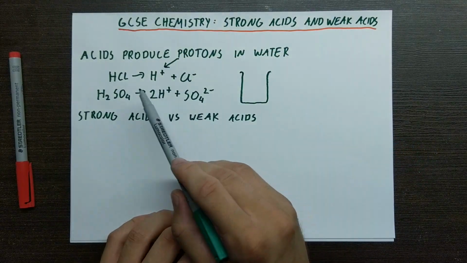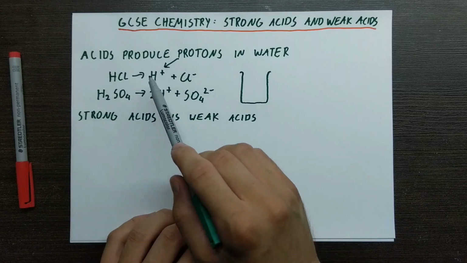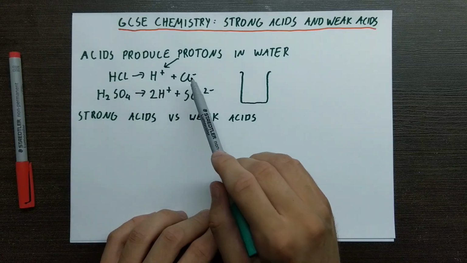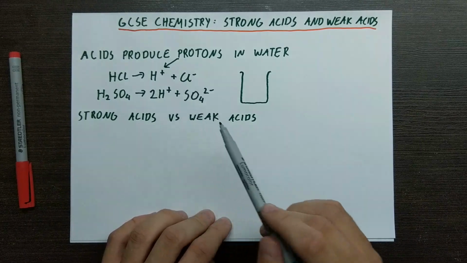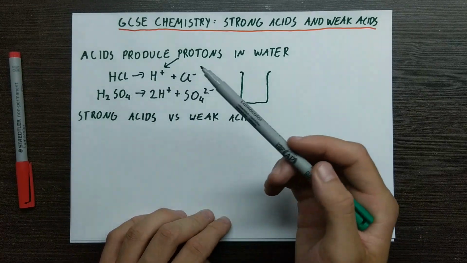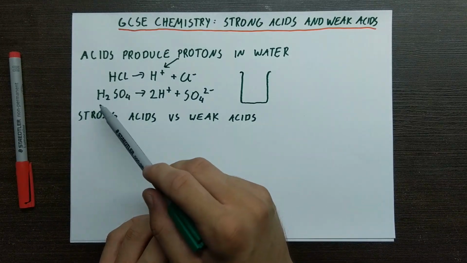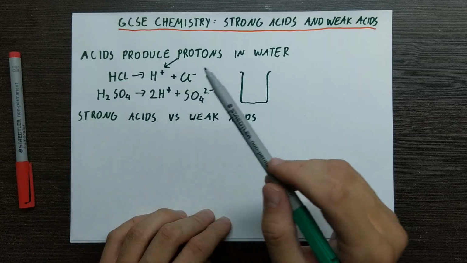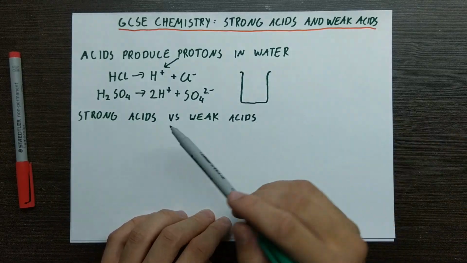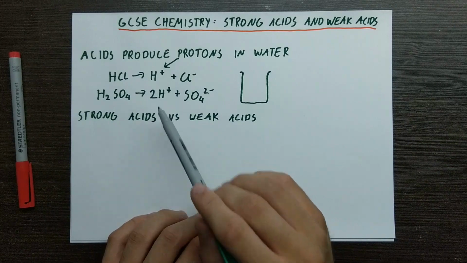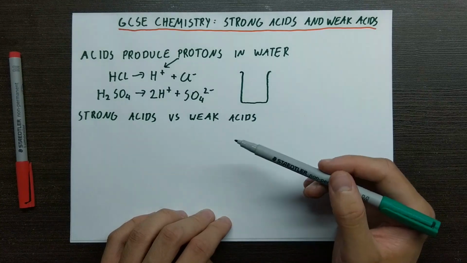If we put hydrochloric acid in water, it splits into protons and negative chloride ions. Another example is sulfuric acid, which dissociates into two protons and a sulfate ion.